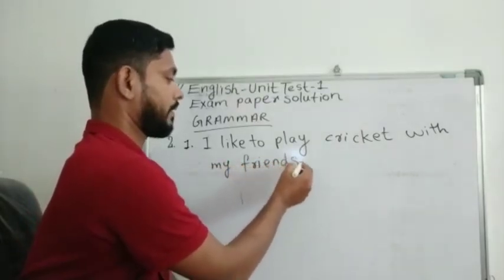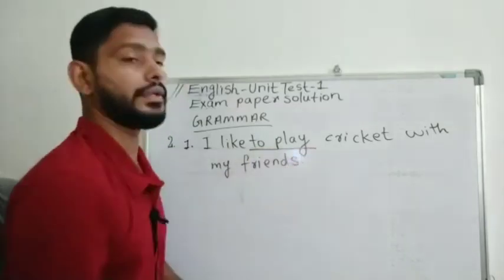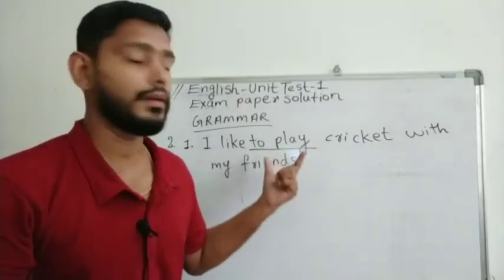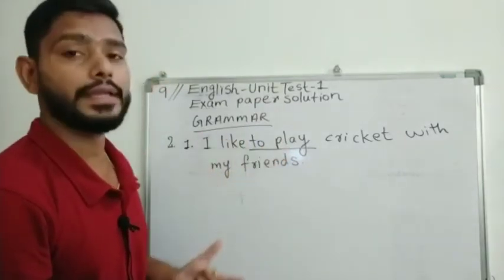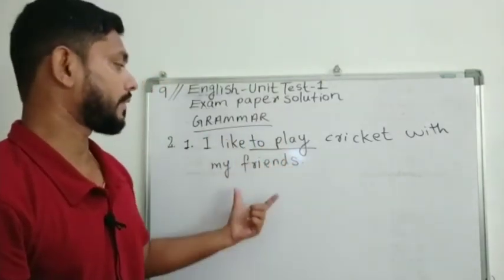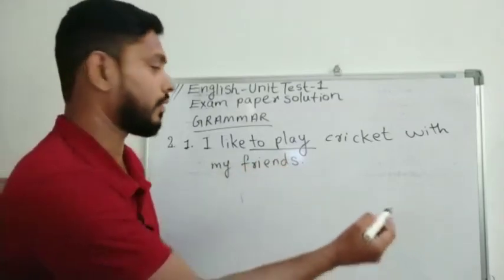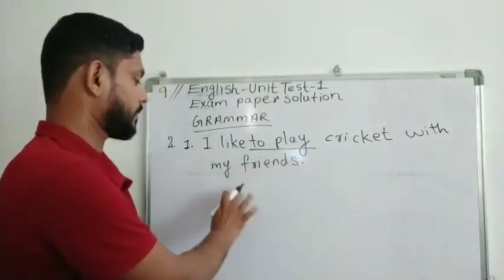This is one example, and here I have used the infinitive verb to plus play. This is the basic form of the infinitive verb. I like to play cricket with my friends. You can copy the same sentence down in your notebook.